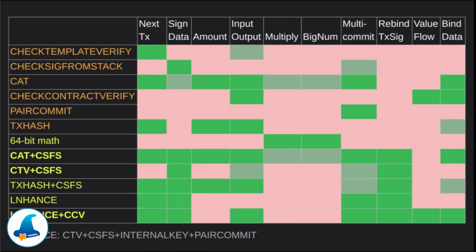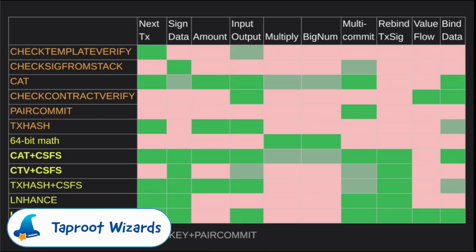The way I've color coded this table is: the dark green is where this opcode directly provides this capability in an ergonomic way that you could actually use for something. The light green is where it provides this capability, but in a way that no one should ever use, Rein Dahl. And then the pink or red is it doesn't do this.